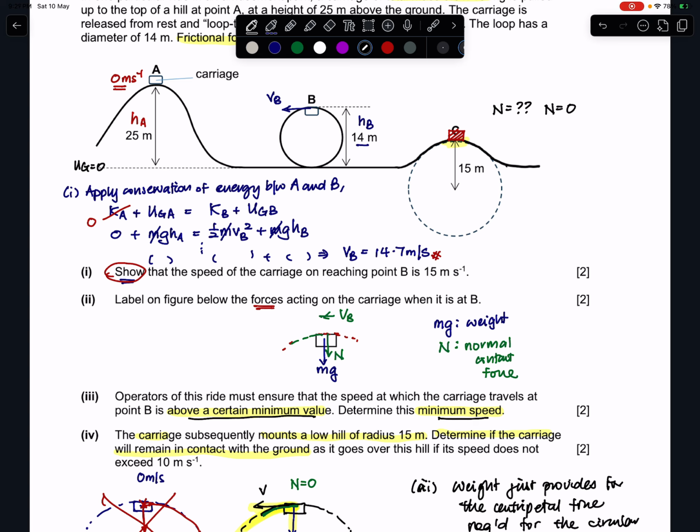If it is traveling too fast, then when you solve for N, you will find that N ends up being a negative value. What it means is that it has already lost contact way before that. So we are going to see whether we get N equals 0 or in fact N less than 0. So to do that, of course, it's a forces approach to doing the question.